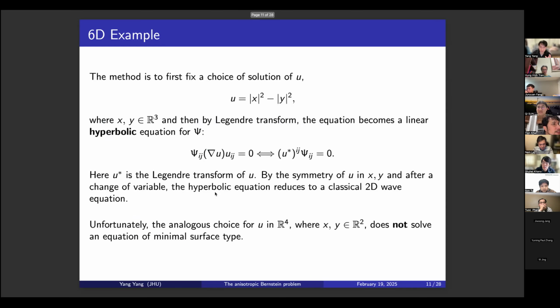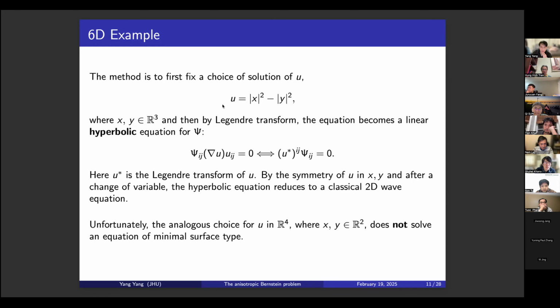Okay, so I want to spend a short time to discuss the resolution. Mooney's approach is completely different from the Bombieri-De Giorgi-Giusti approach. The reason is that with this anisotropic area functional, we have the freedom to choose the integrand. So the approach for Mooney is to first fix the solution u, and then go backwards to solve for the function phi.